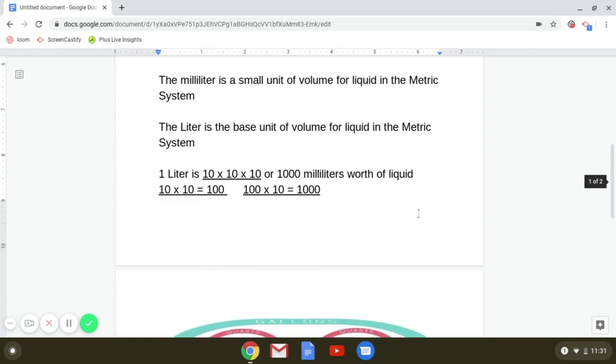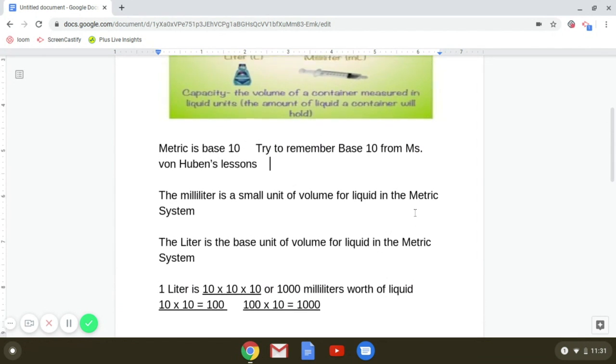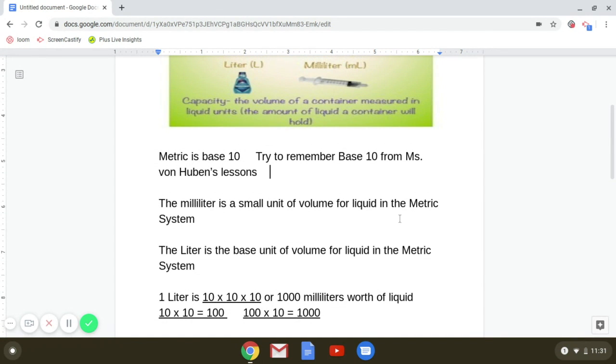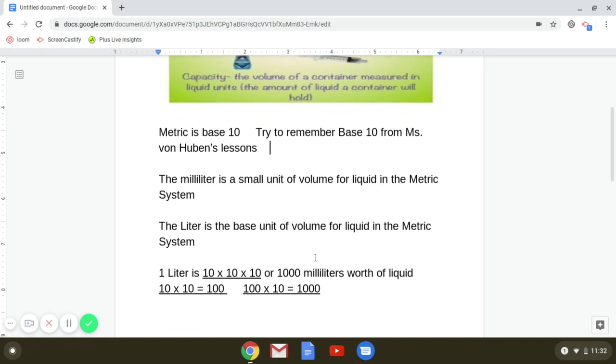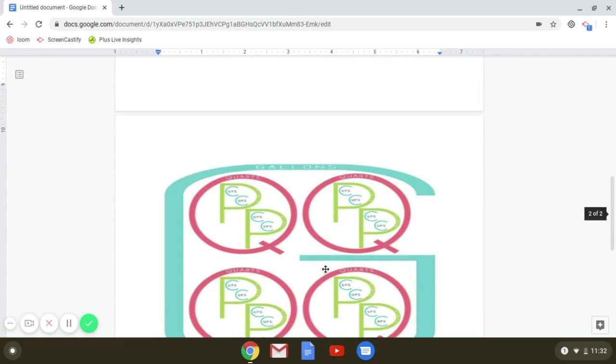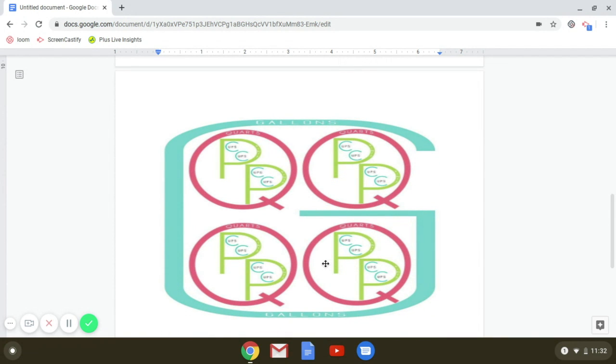I want you to pay close attention to the difference. Metric is a little bit easier to figure out from small units to large units because it is base 10. Whereas with customary, we have to figure things out a little differently because it's a different system of measuring.